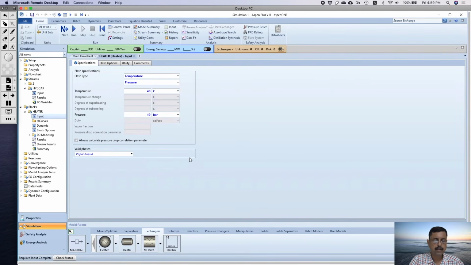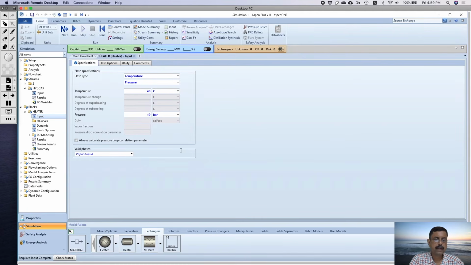If you give it 0 bar, it doesn't mean the pressure is 0 or vacuum. It means the pressure drop is 0. And if you give -1, that means the pressure drop is -1. Any negative or 0 will be regarded as pressure drop, while any positive value will be regarded as the absolute pressure.